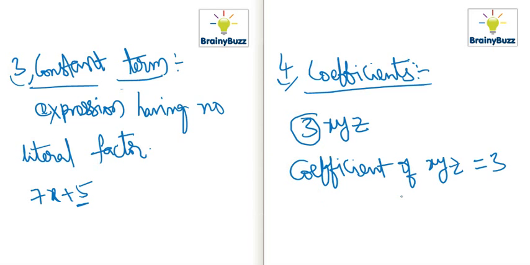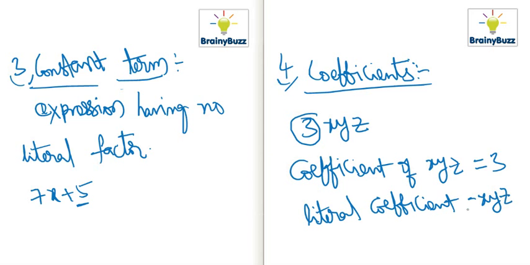Then the literal coefficient is xyz. Coefficient of y, for example: the remaining part is 3xz, that is the remaining part. These are the important basic definitions related to algebraic expressions.